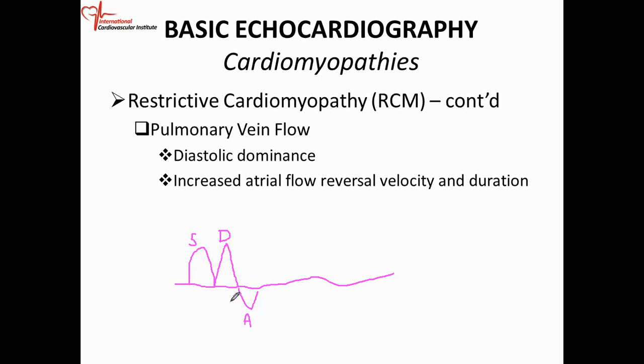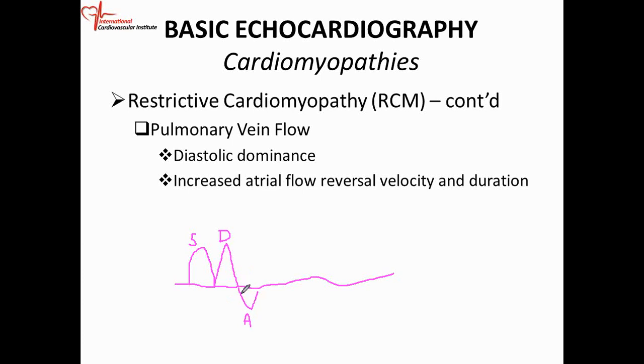In ventricular systole, you have blood flowing from the pulmonary vein into the left atrium. In diastole, blood is also flowing from the pulmonary vein into the left atrium. But when the atrium contracts, it pushes blood backwards into the pulmonary vein, and that's why it's below the baseline.